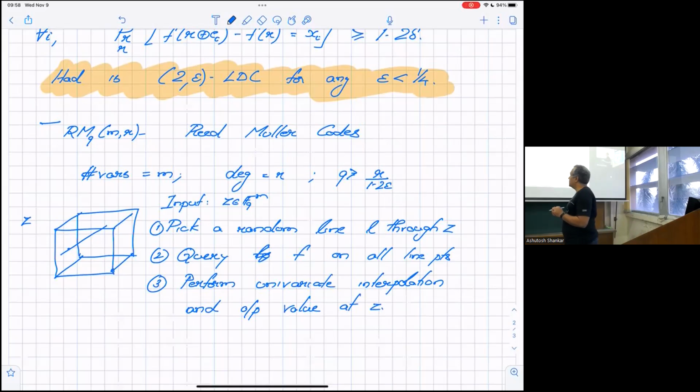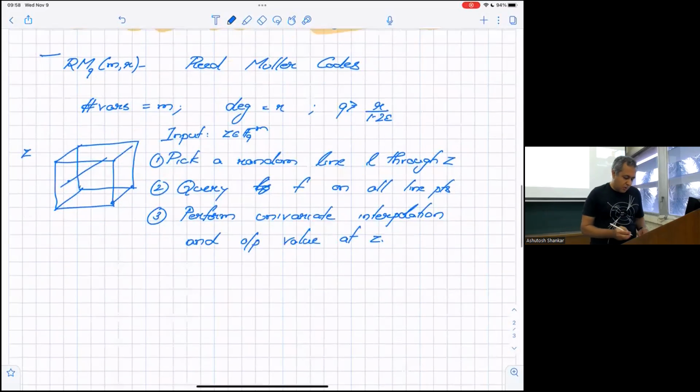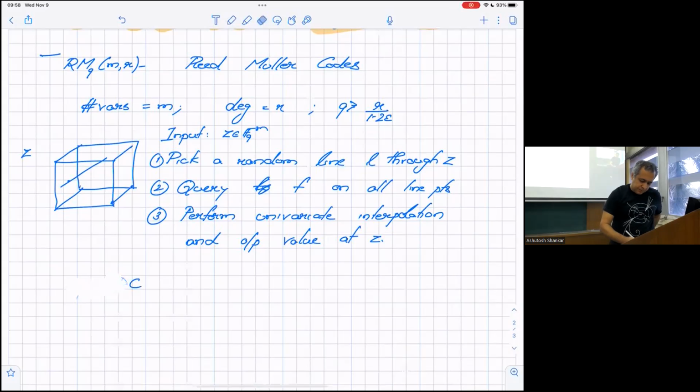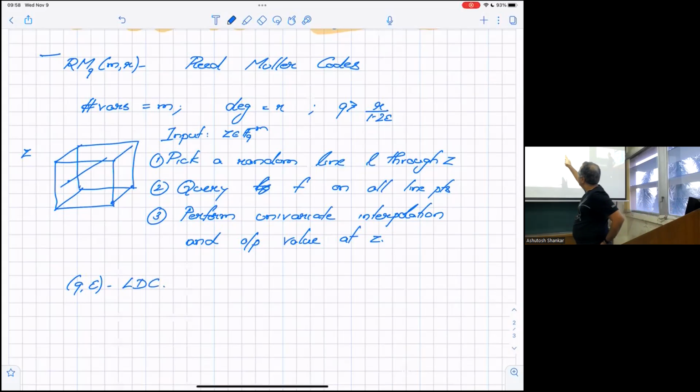So this is a q-LDC. The locality is q, which is the size of the field. I'm not mentioning epsilon, you can check it, it's a constant fraction. You can set the parameters such that this is exactly a q epsilon LDC. The only reason is that the field is larger than r times 1 minus 2 epsilon. What is the probability that a random point is erroneous?